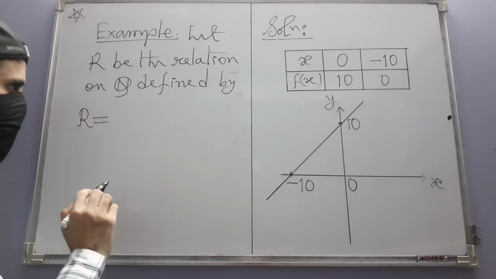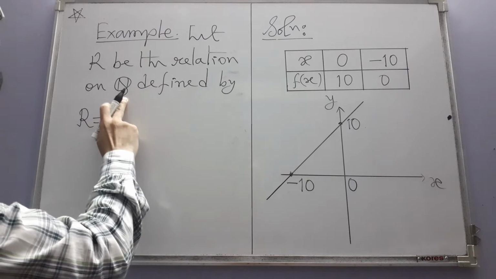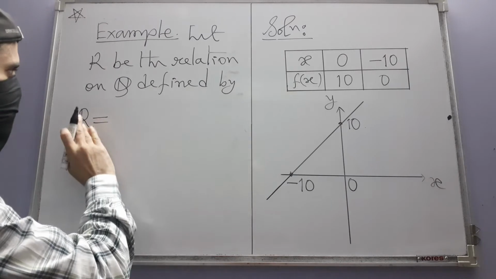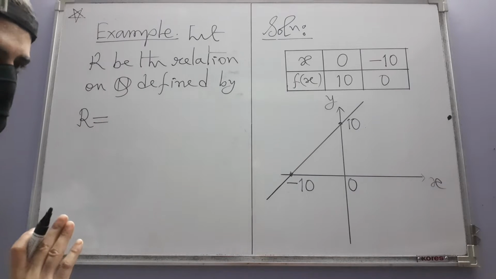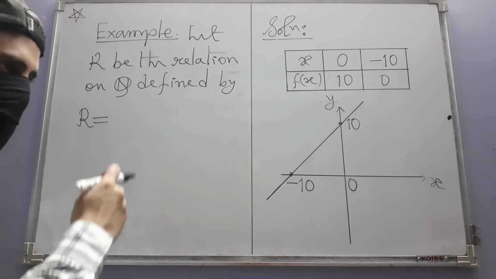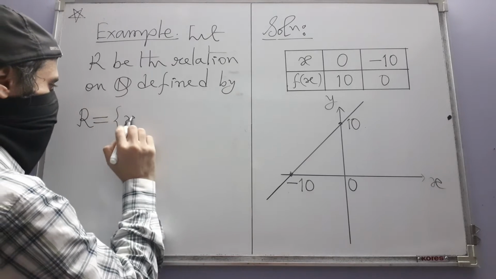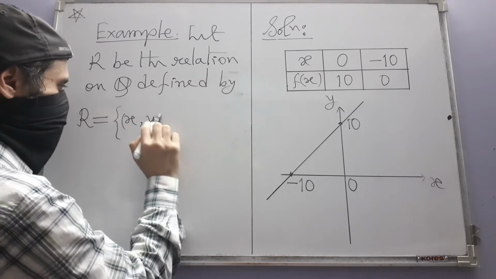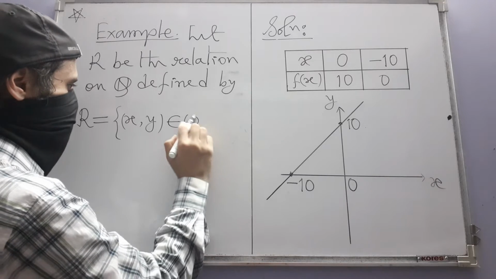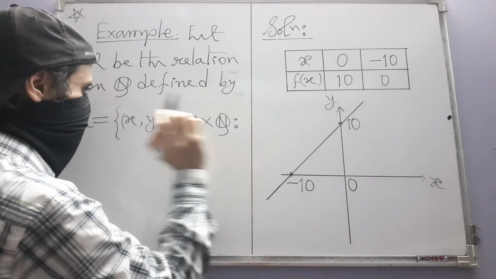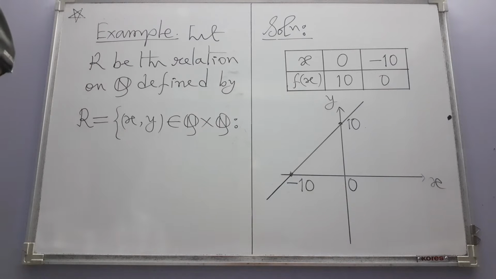That means R will be a subset of the Cartesian product Q times Q. Okay, that's what it means for R to be a relation on Q, or in other words, a relation from Q to Q. So it's the set of all ordered pairs of rational numbers such that, what is the relation?